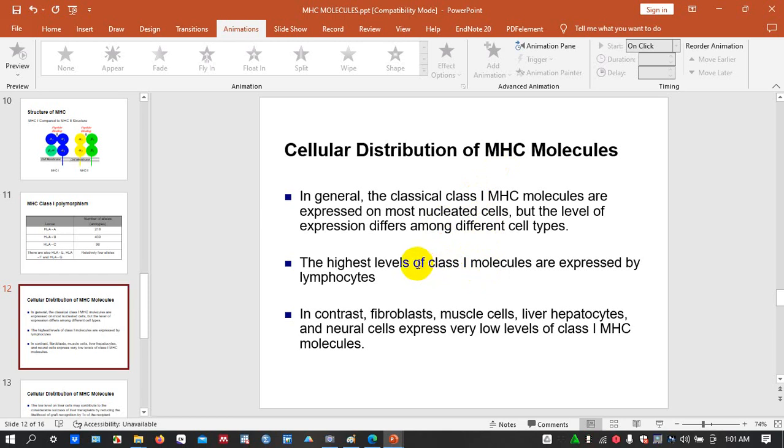In contrast, fibroblasts, muscle cells, liver hepatocytes, and neural cells express very low levels of class 1 MHC. I have already explained this.